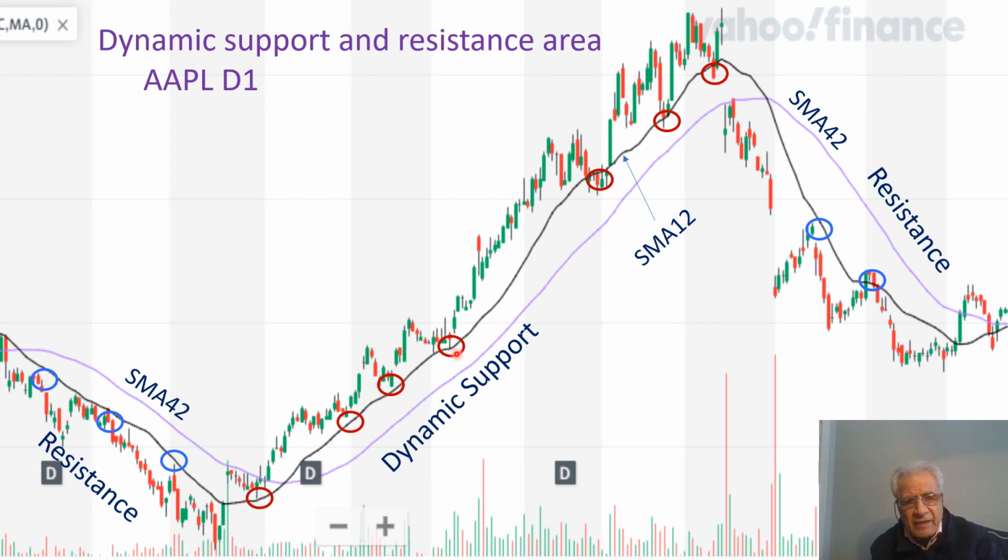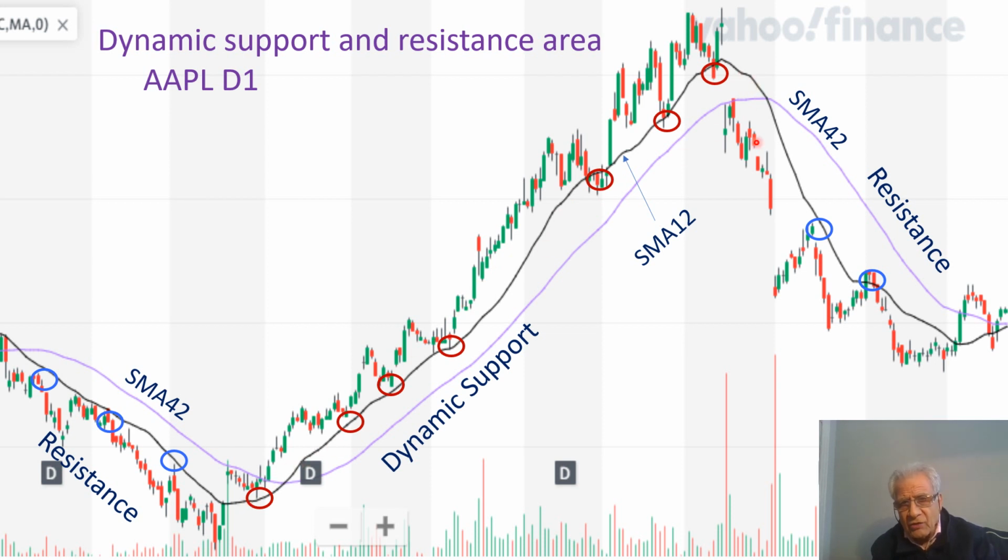Now, this brown line is an obvious dynamic support and resistance area with considerable touches. For example, I have 7 touches here, and this part is considered as support. So you see lots of price rejection.